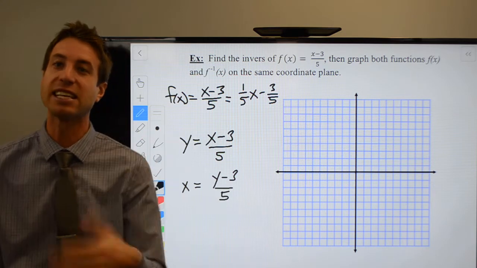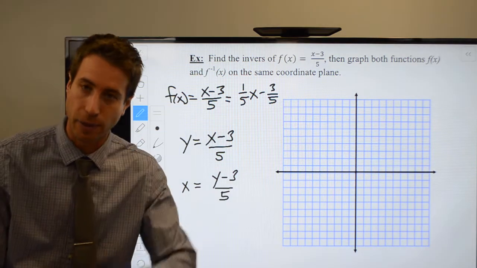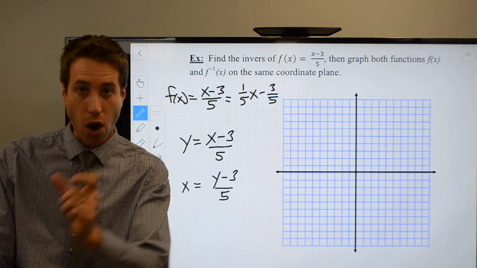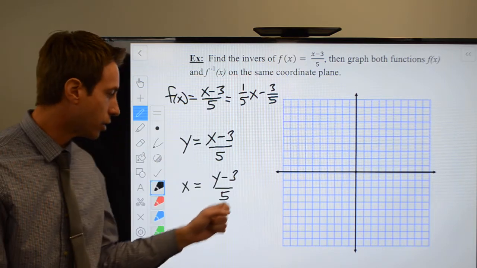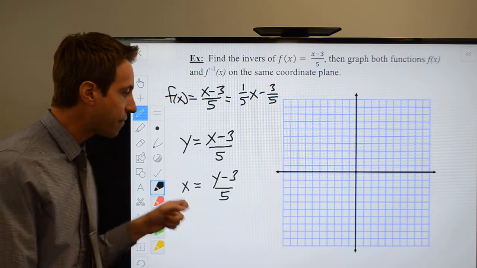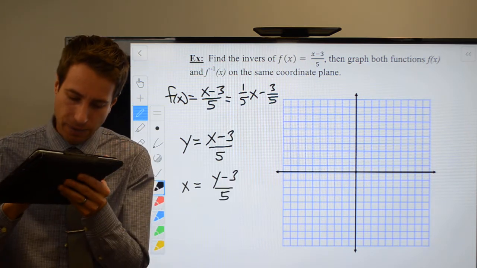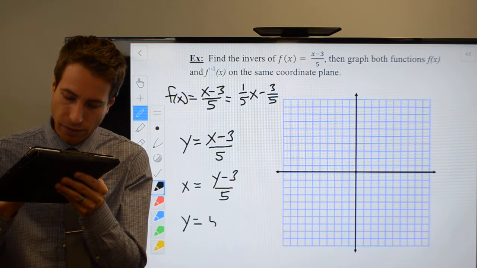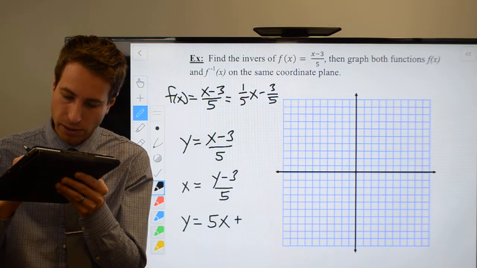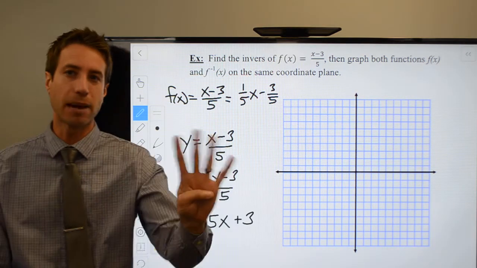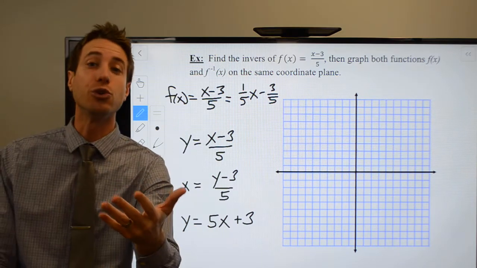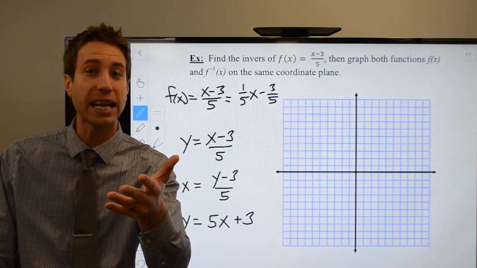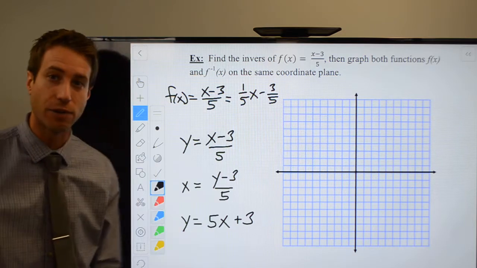Step number 3 said solve for y. If I'm going to write a function, it needs to be y equals. So I got to get that y by itself, which is real simple to do. Multiply by 5 and add 3. So y is equal to 5x plus 3. And then step number 4, this is an inverse function. How do I tell you that this is an inverse function?